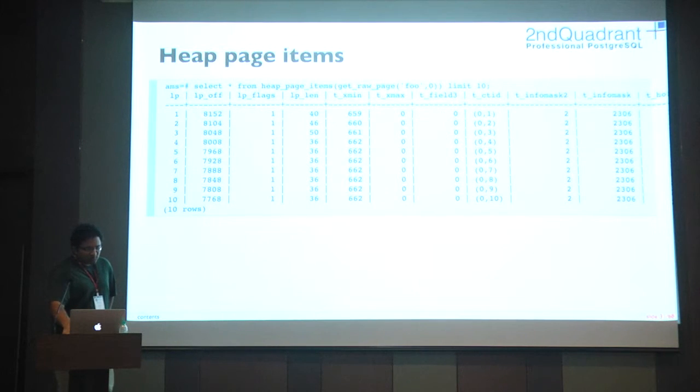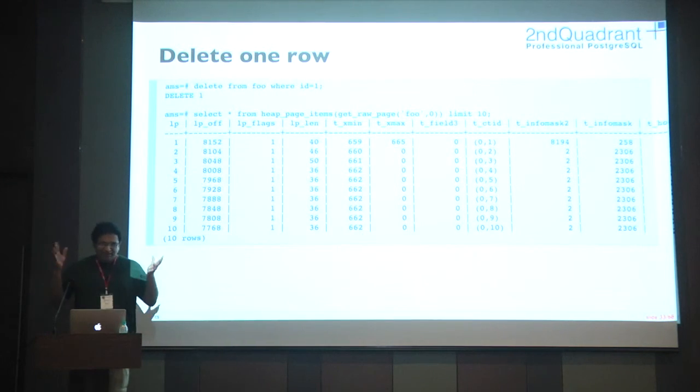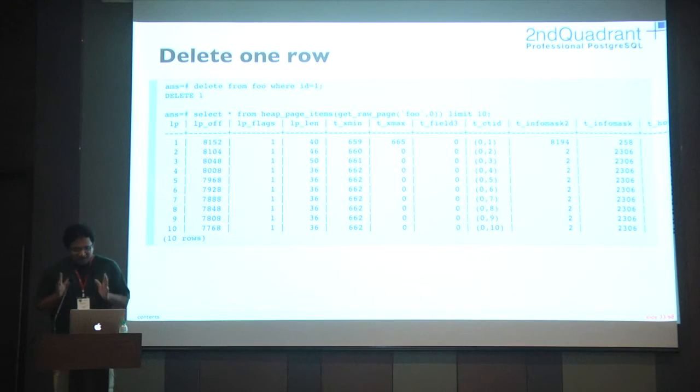This is what it looked like before. One line pointer pointing at 8152, 40 bytes long. Then I delete the row, and that particular row has xmax now set to 665, where it was 0 before. xmin and xmax are the fields on tuples in a page which define the lifetime of that tuple according to MVCC rules. xmin says I am alive, and xmax says I'm dead.